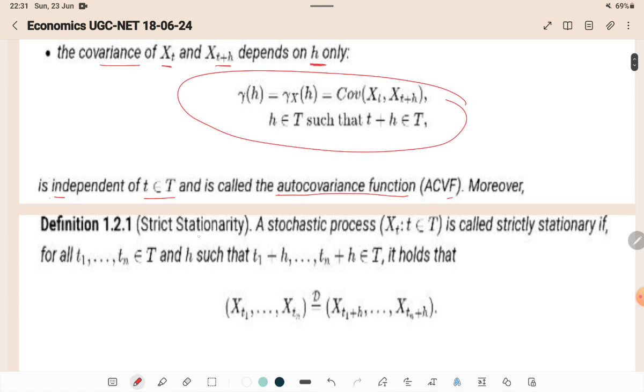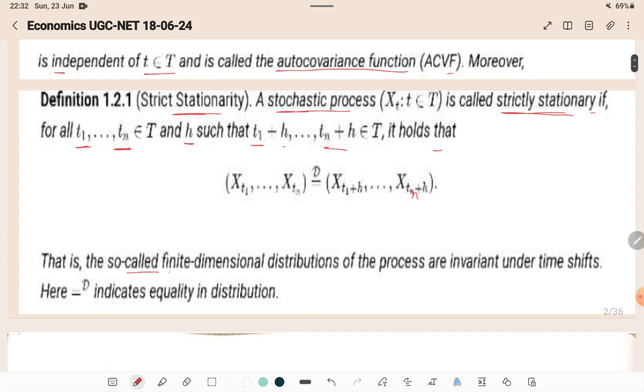And the last one is strict stationary: a stochastic process Xt, small t an element of capital T, is called strictly stationary if for all t1 to tn elements of capital T and h such that t1+h to tn+h are elements of T, it holds that (Xt1 to Xtn) is equal in distribution to (Xt1+h to Xtn+h).